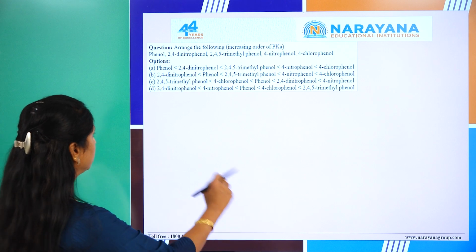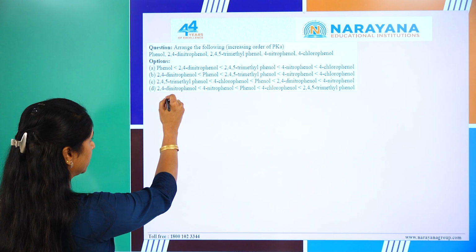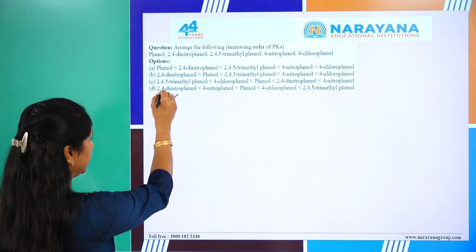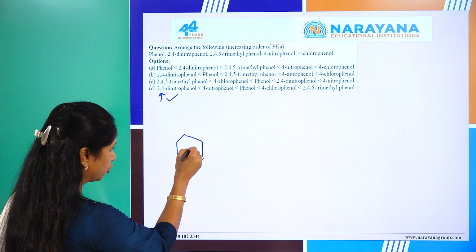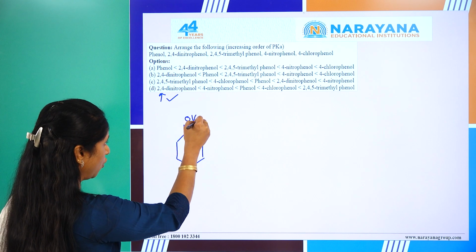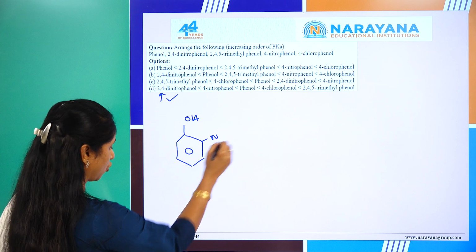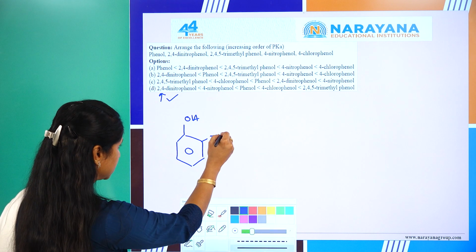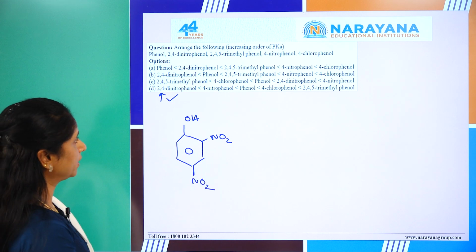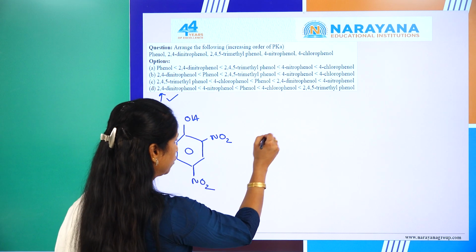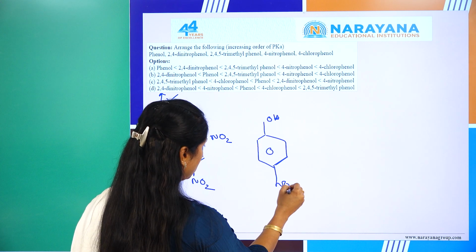So observe here, if I am taking 2,4-dinitrophenol from option D, there is a presence of 2 strong electron withdrawing groups at ortho and para positions, which are increasing the acidic strength of phenols. So 2,4-dinitrophenol, 4-nitrophenol, para-nitrophenol.